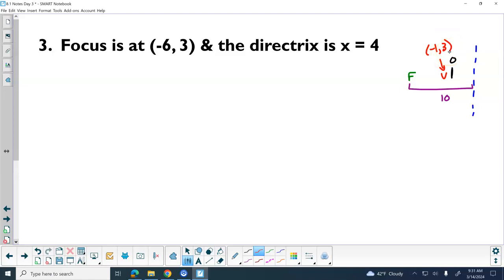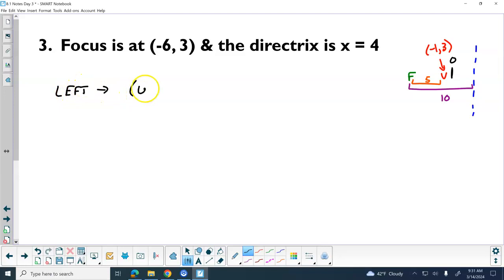Again, you can graph this all you want, but you might not necessarily have graph paper. For instance, on the homework, I think the last 6, there's 6 of them, doesn't have any graph paper. I mean, you can always use some, but, okay. So now there's my vertex, got it. Which makes my P distance here be 5. Okay. It is a left opening parabola.